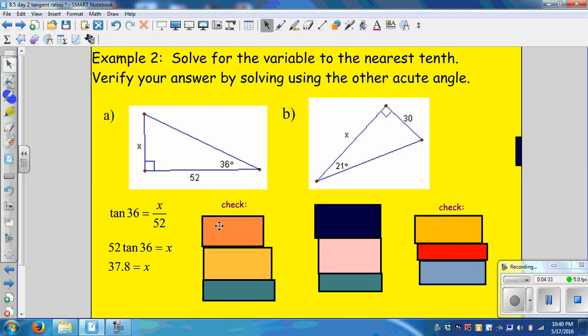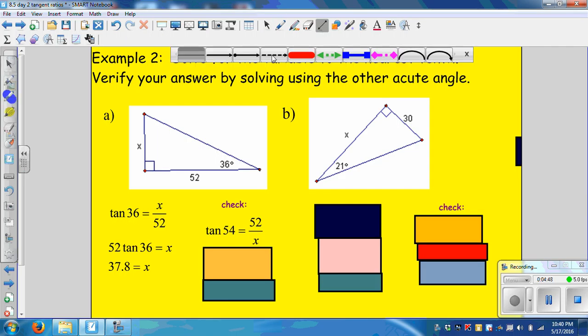You can check this as well. If you take the tangent of 54, which would be the other angle, the one that's complementary to the 36, it would be 52 over x. You can put a 1 underneath the tan 54, and then you can cross multiply.